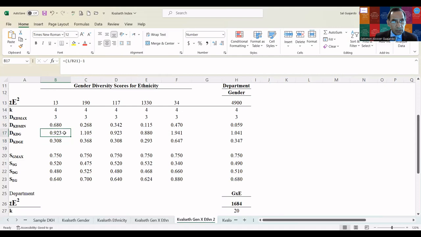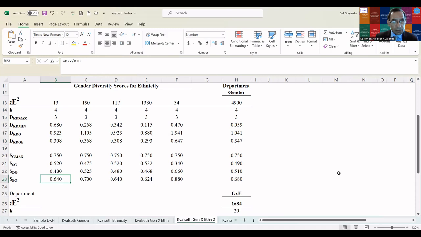That gives me a value of 0.92. When I divide the 0.92 by 3, that gives me a standardized Kvalseth index of 0.308, which means that 31% of the maximum value of 3 was obtained for the Asian groups for gender.